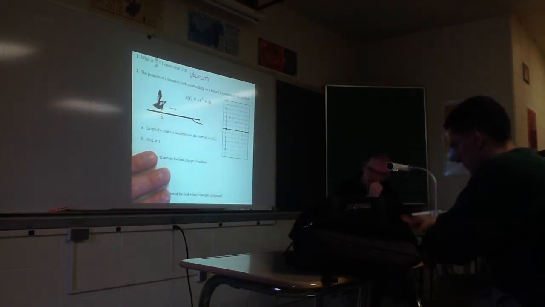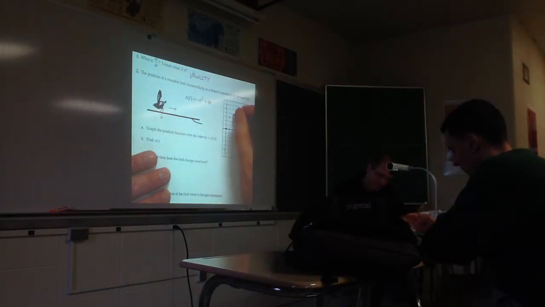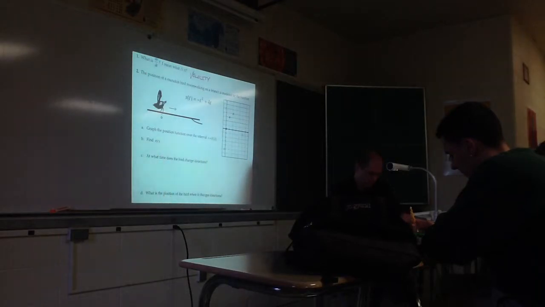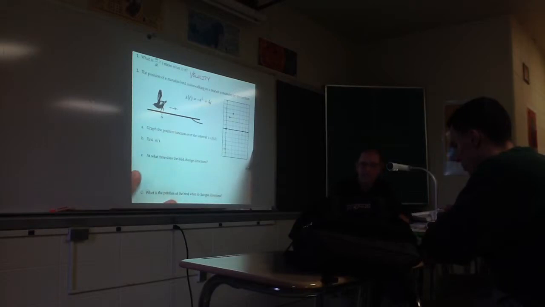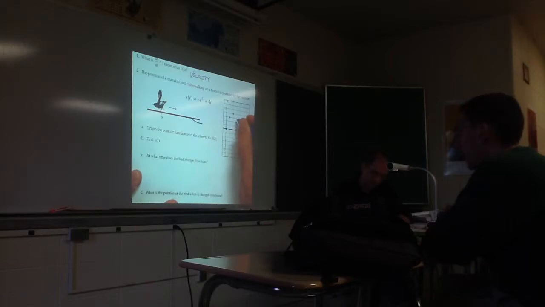How about for t equals 2? 4. Good. How about for t equals 3? It's like 12 minus 9. 12 minus 9, that's 3.